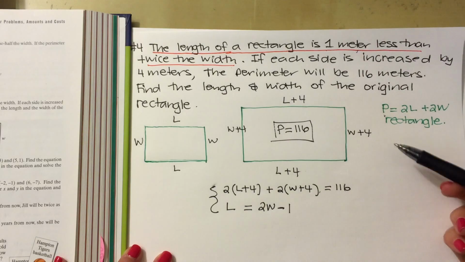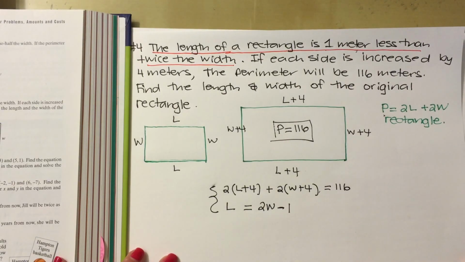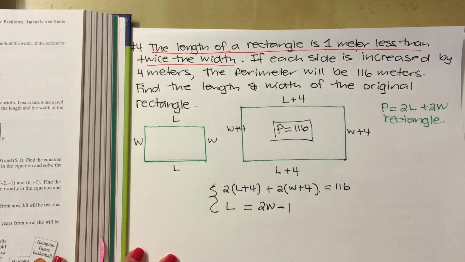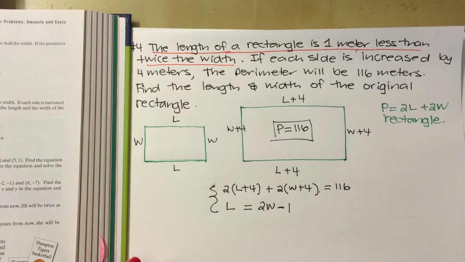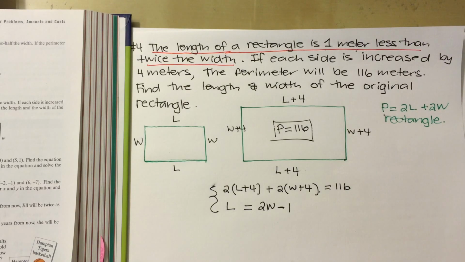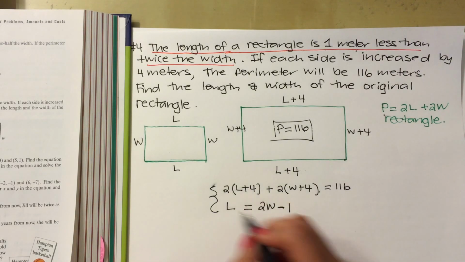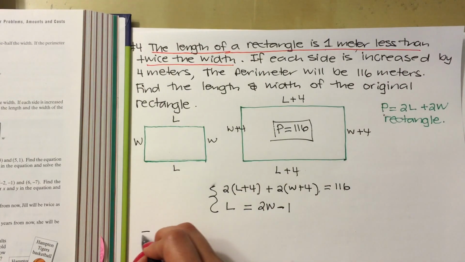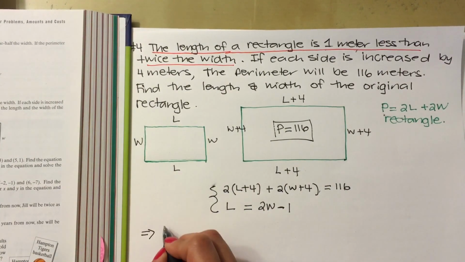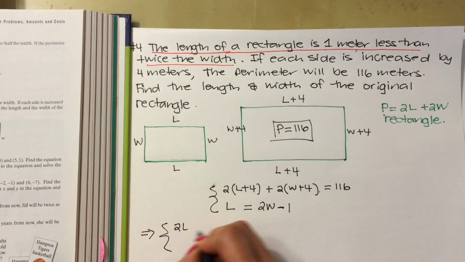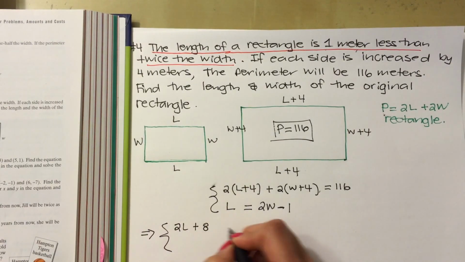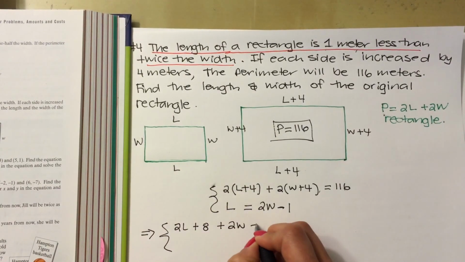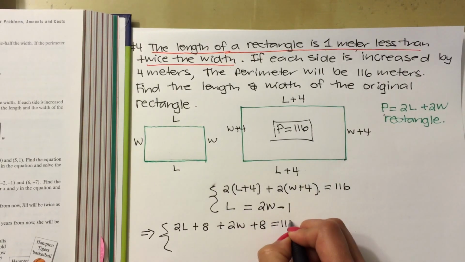Okay, so these two equations, slightly more complicated, take just a little bit more work. I need to distribute the 2 and the 2 here, and I kind of have to rewrite the first equation, and also the second equation maybe, depending on how we want to solve. So let's start with the first equation. 2L plus 8 plus 2W plus 8 is equal to 116.